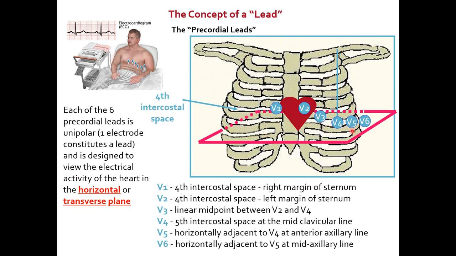The V5 is in anterior axillary line, and V6 is placed in mid axillary line in 5th intercostal space. So this is how you apply these leads. You can study the placement of these leads from this table.